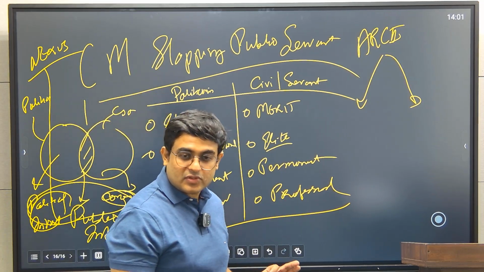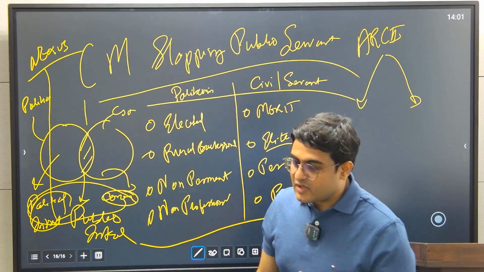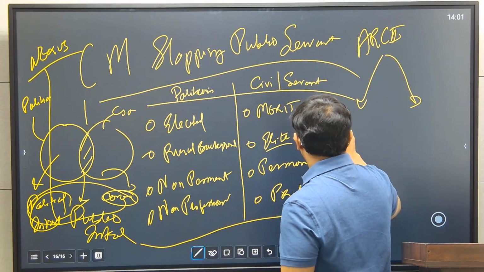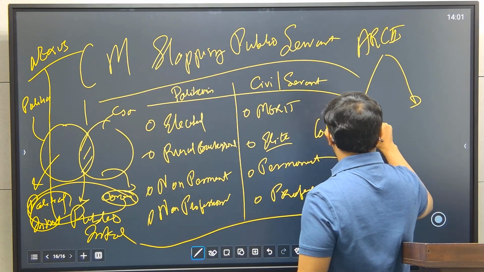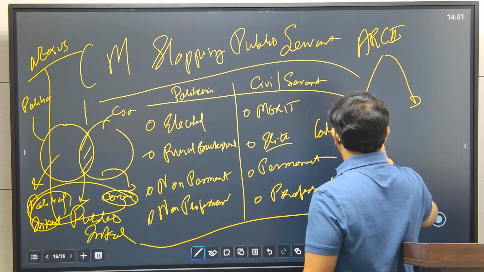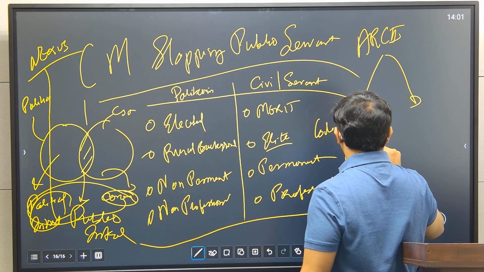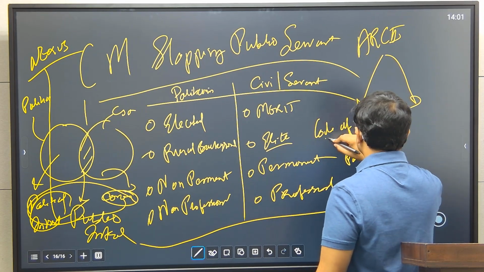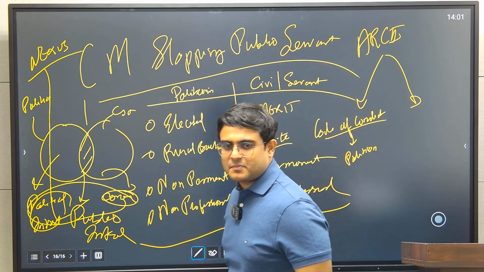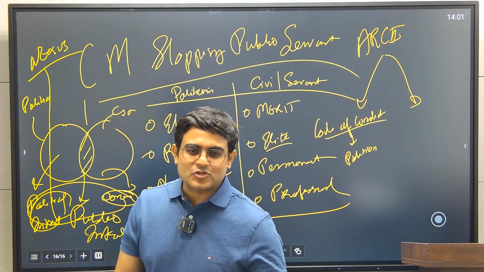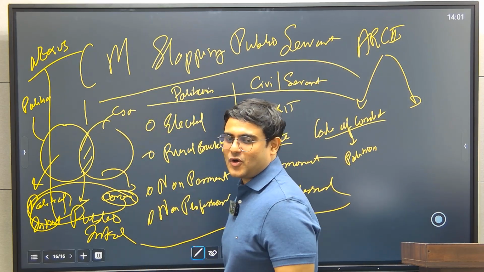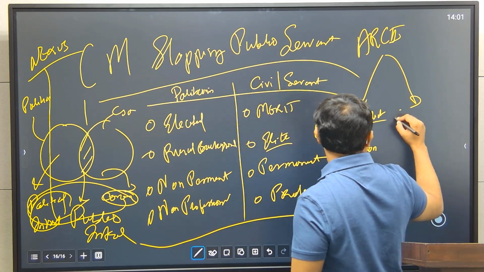So there should be a code of conduct for politicians as well. And there is a code of conduct for civil servants, but no code of ethics. So there should be a code of ethics for civil servants.